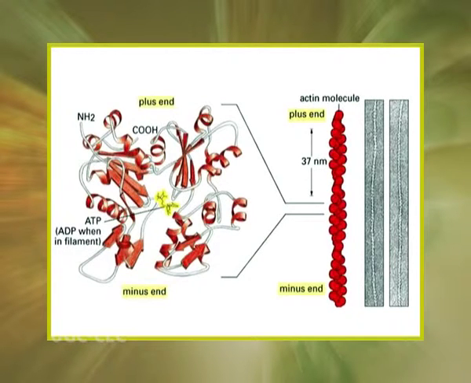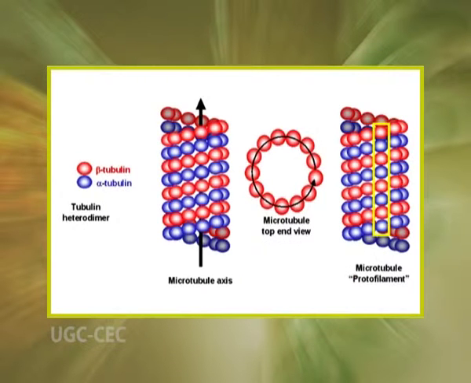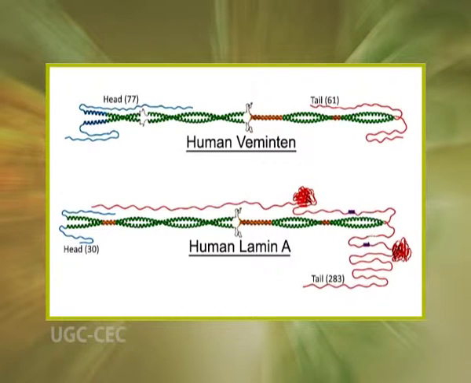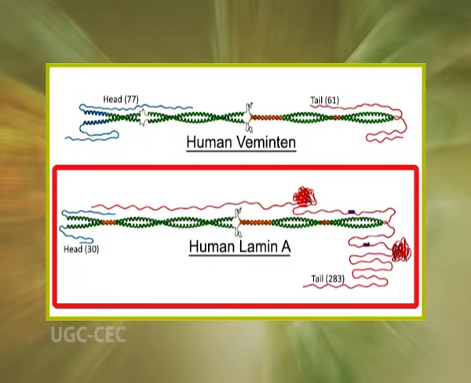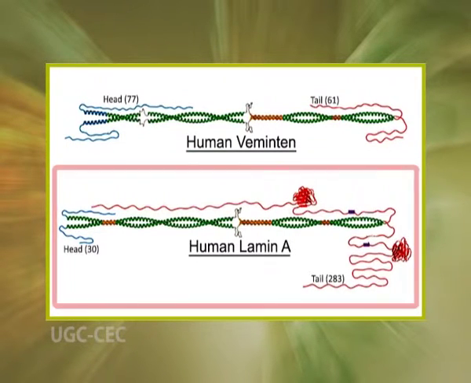Actin for actin filaments, tubulin for microtubules, and a family of related fibrous proteins such as vimentin or lamin for intermediate filaments. Some of these accessory proteins link filaments to one another or to other cell components such as the plasma membrane.